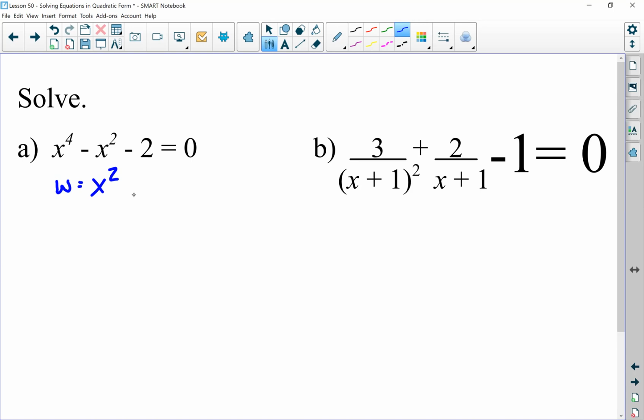And if w is equal to x squared, then w squared would be x to the fourth. And so I'm going to substitute w for x squared and w squared for x to the fourth.